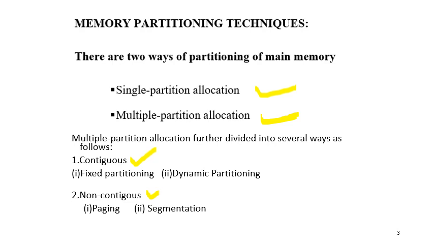Next is paging, which comes under the non-contiguous memory partitioning technique. Paging is a memory management technique in which the process address space is broken into blocks of the same size, called pages.